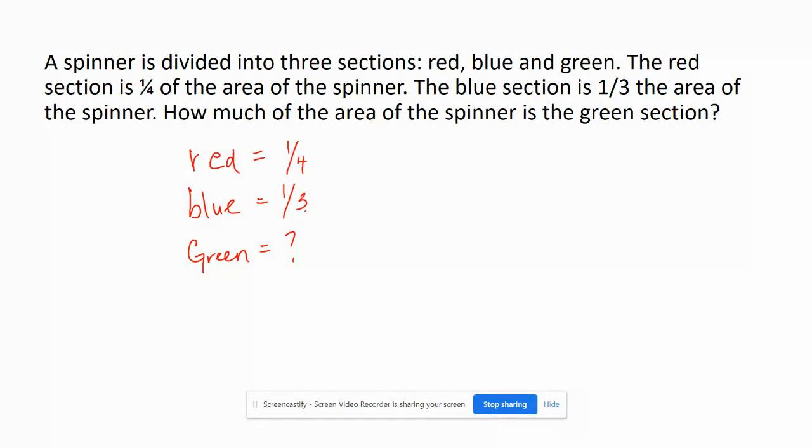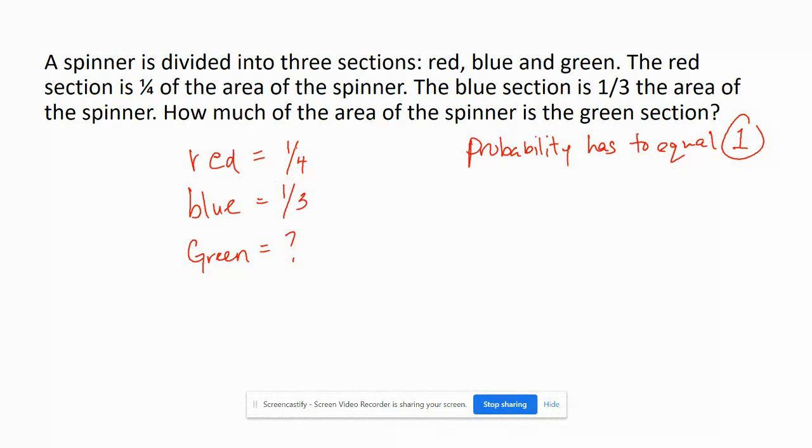Now, when it comes to probability using fractions, my probability has to equal 1. When it comes to fractions, your probability has to equal 1, just like 100%, right?